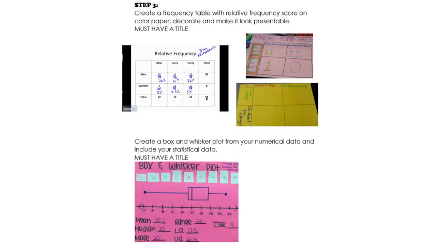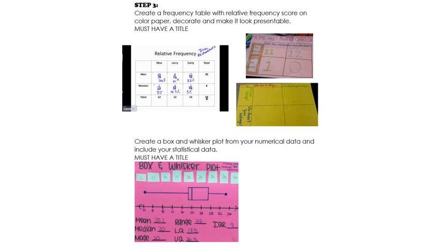Now, for step 3, it tells you what to do for both your categorical and your numerical data. You're going to create a frequency table with the relative frequency score on the color paper, decorate and make it look presentable. It must have a title, okay? So you need to make it look like it is decent and someone can look at it and tell what it is you wrote.